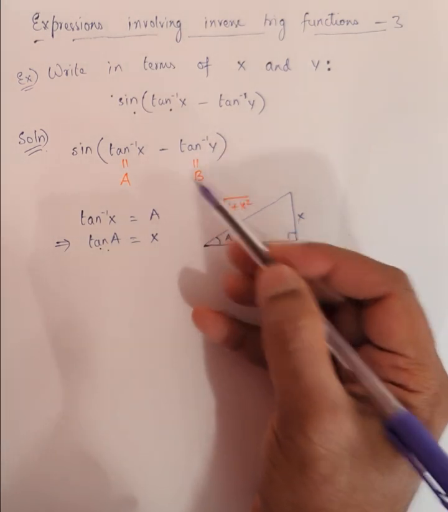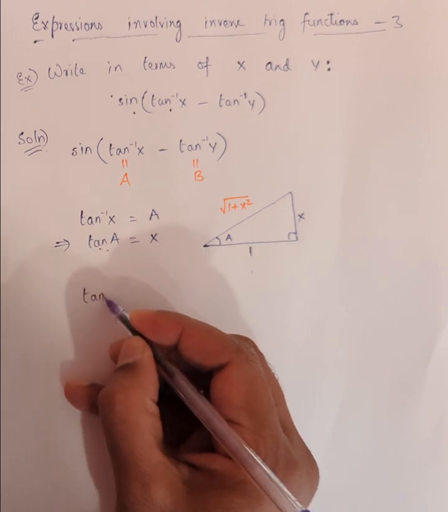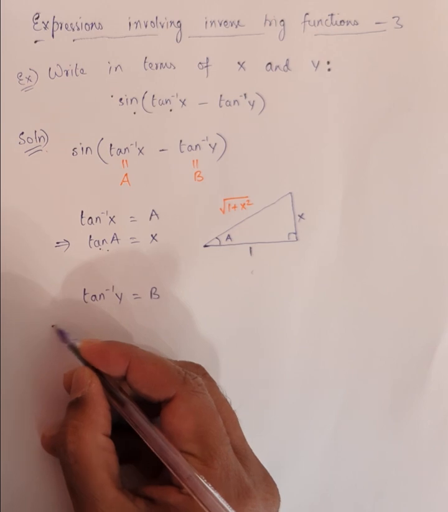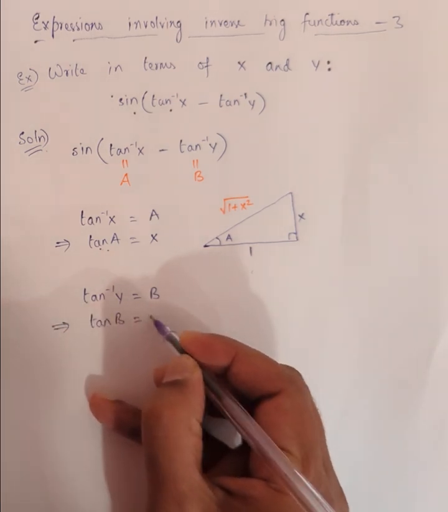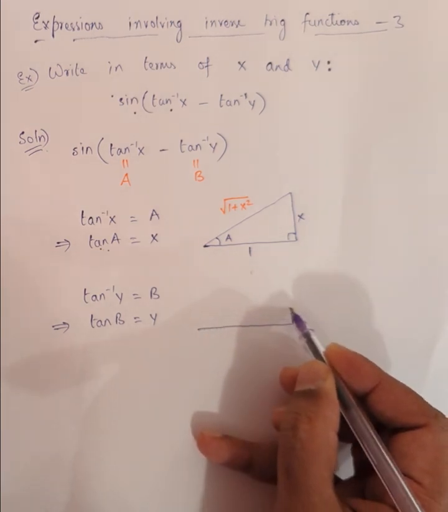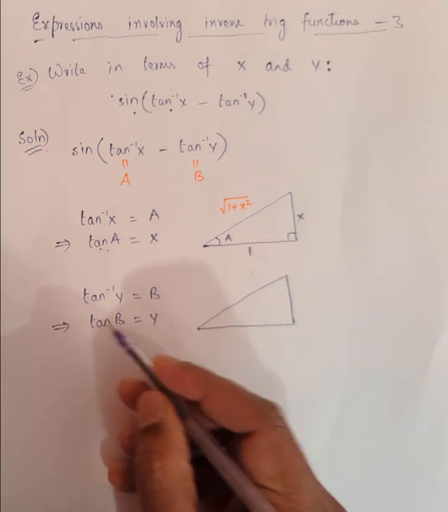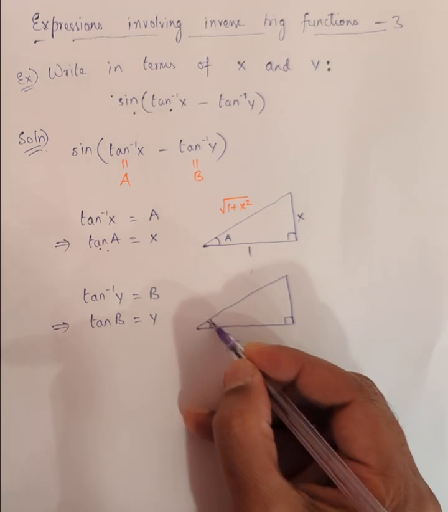Now let's move on to this. Tan inverse y equals b. We have one other relationship, which means tan b is equal to y. So do the same, draw a right triangle, because we want to use this relation, and call one of the acute angles b.